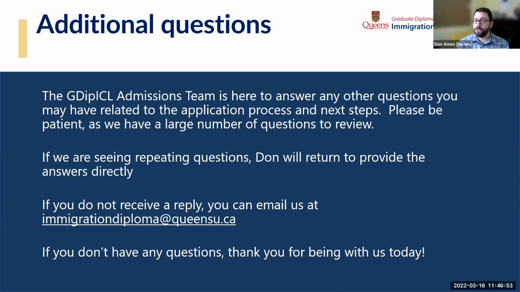But if we don't get to you today, you do have that option of emailing immigrationdiploma@queensu.ca. If I can leave you with any final thoughts from my session, make sure that you log into the School of Graduate Studies application system. Review your application and see what is outstanding. We want to make sure that all of the items you've listed have that received status next to them, that the School of Graduate Studies has got them.